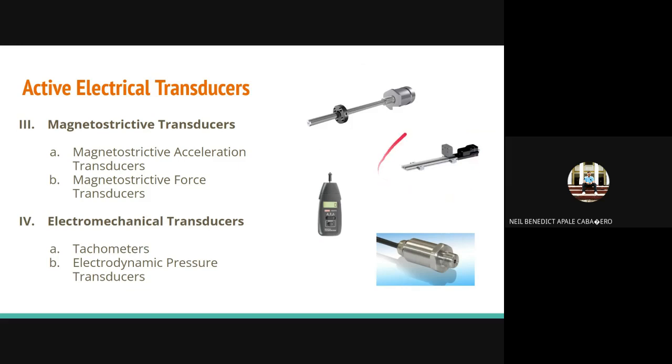Next is the electromechanical transducers. These are devices for converting mechanical motion into variations of an electric current or voltage, and vice versa. Electromechanical transducers are used primarily as actuating mechanisms in automatic control systems and as sensors of mechanical motion in automation and measurement technology.